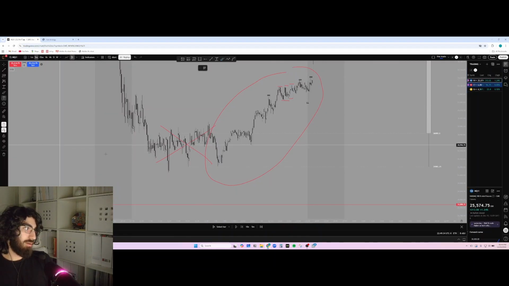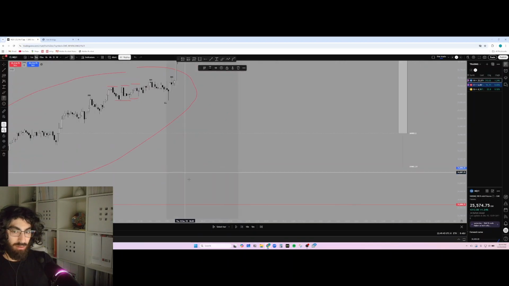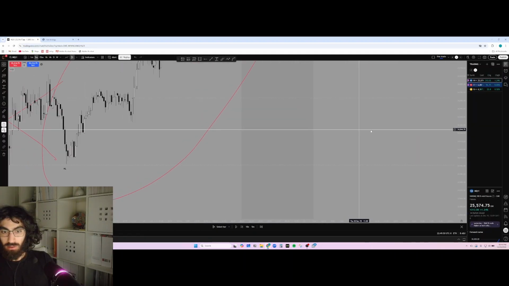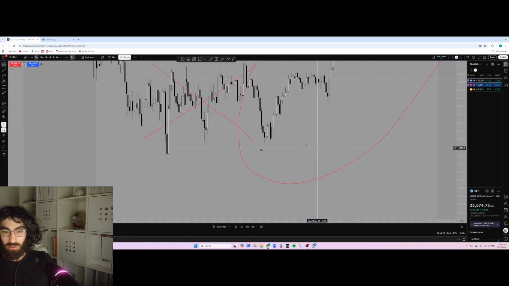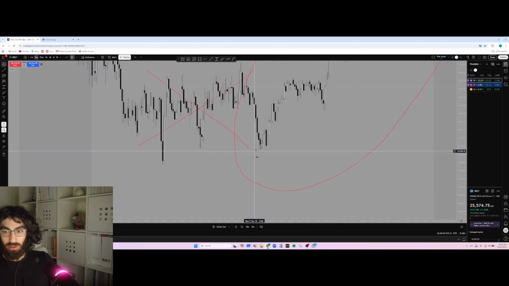You go here, you have a higher low, because this low is higher than this one. Let me zoom in a bit. Yeah, this low is higher than this low.